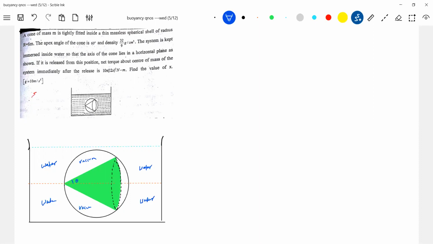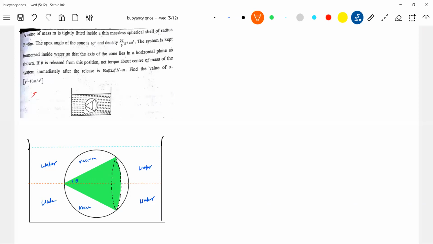It is released from this position. Net torque about the center of mass of the system immediately after release is? Where will the center of mass of the solid cone come? Somebody should answer. H by 4 from the base, 3h by 4 from the apex.